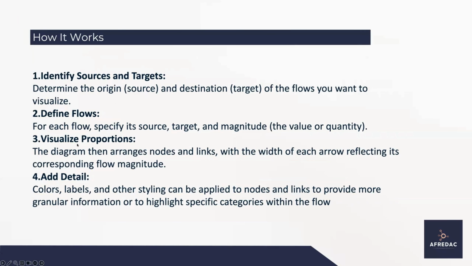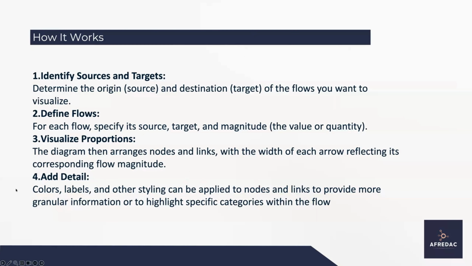Number 2, you have to specify for each flow the source, the targets and the magnitudes. You also need to know which one is a node and which one is a link. These links form part of the flow between these nodes.